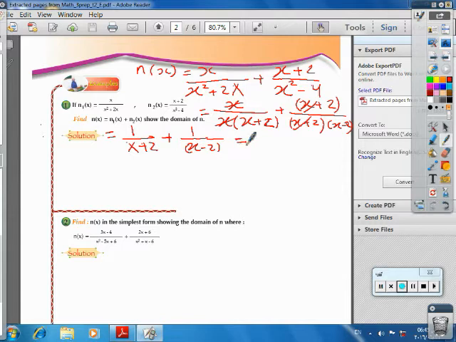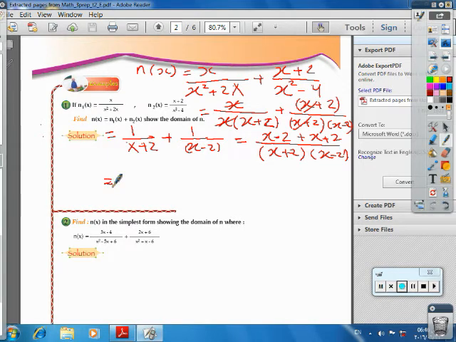We can make scissors: 1 times (x − 2) and 1 times (x + 2), and in the denominator (x + 2)(x − 2). 1 times x − 2 equals x − 2, plus 1 times x + 2 equals x + 2.